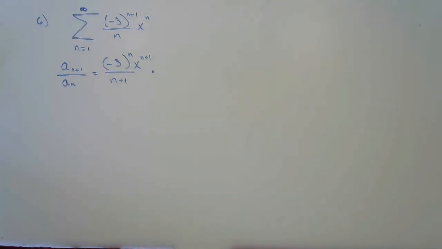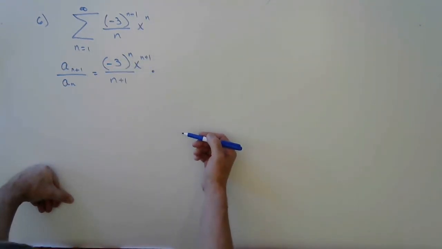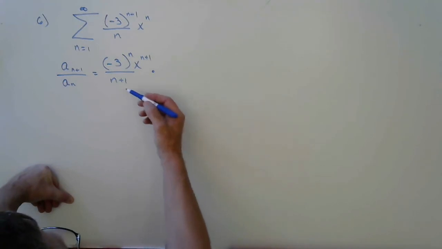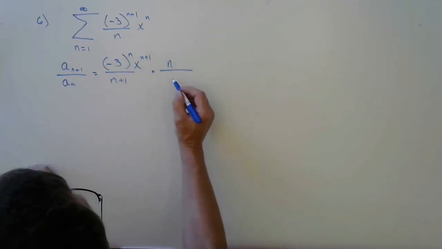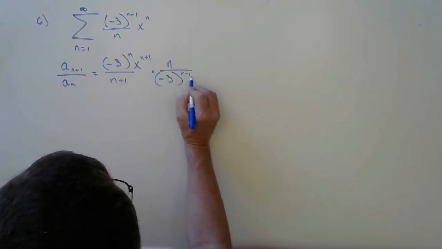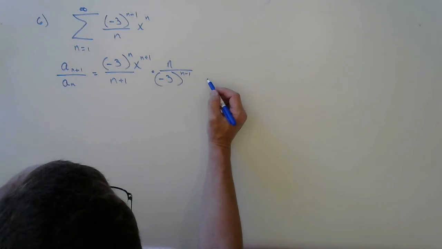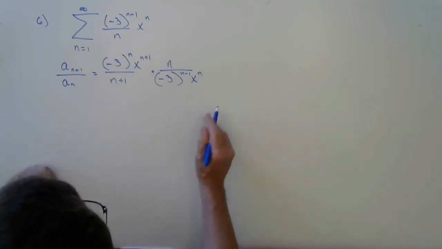We're going to find the ratio not by dividing, but by multiplying by the reciprocal. So what are we going to get? We're going to get n up here. This is going to be negative 3 to the n minus 1, because we're doing the nth term, right? And down here we're going to have x to the n, aren't we?